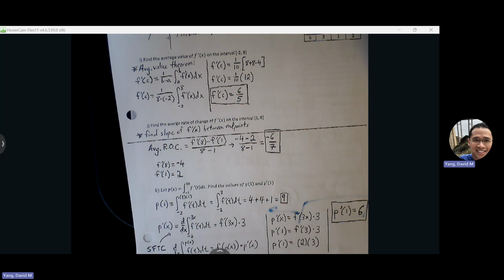But Rolle's theorem looks specifically for slope 0, so we have more restrictions. We need the endpoints to be the same values, directly across from each other, so that we can guarantee a slope 0 somewhere along the path. So it's the same formula, you're just looking for slope 0.